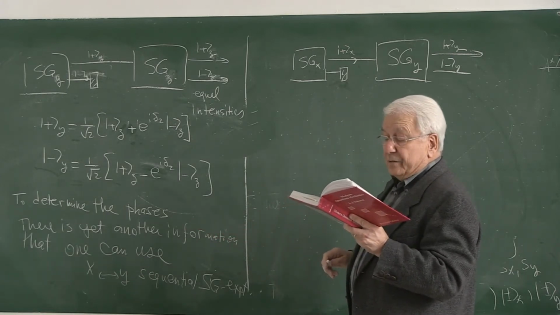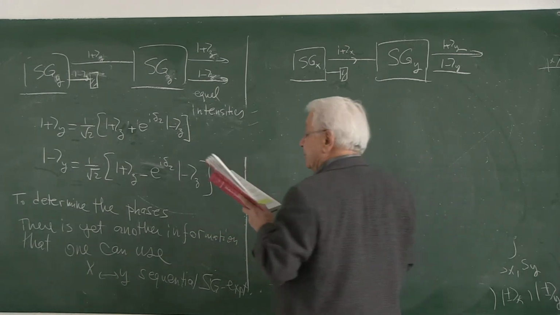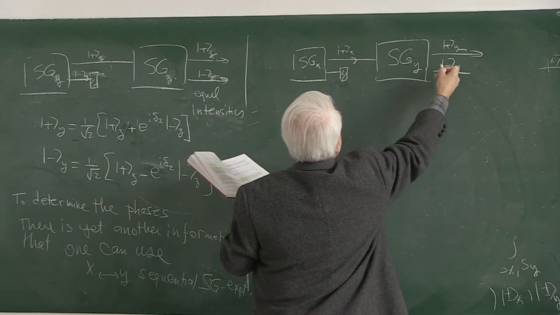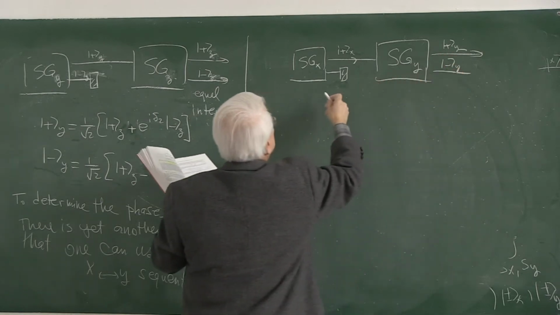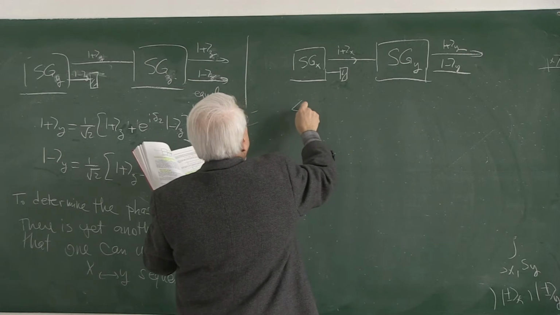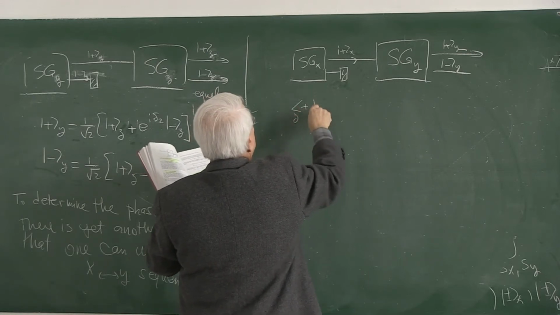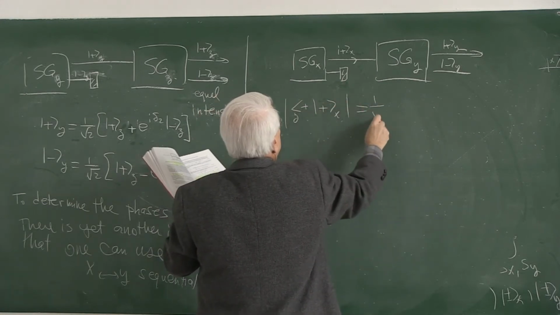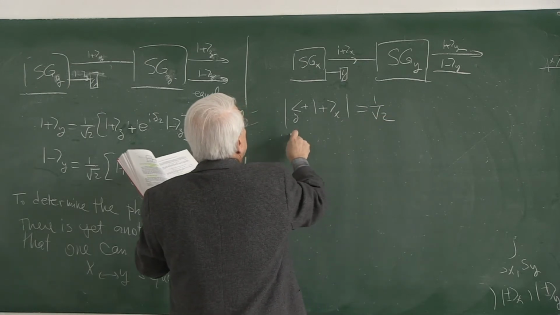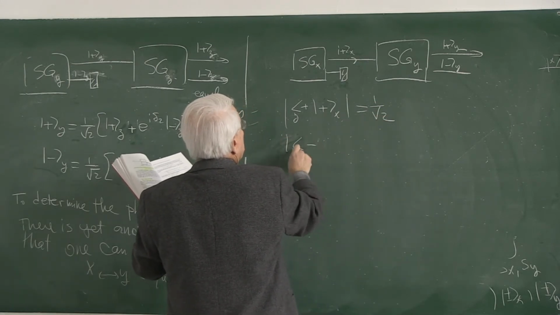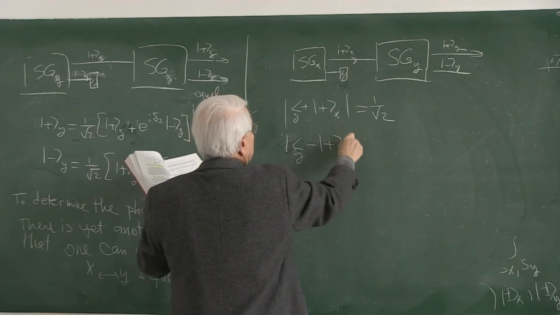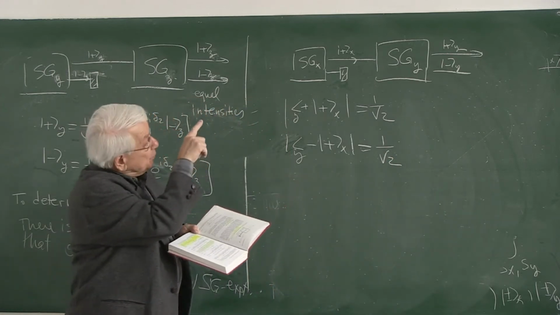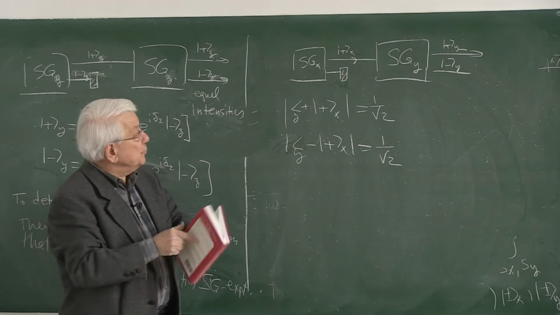So how do I read that? I read it in the following manner. The probability of getting this is 50%, and the probability of getting this is 50%. Therefore, plus y from plus x, the magnitude should be 1/√2. Similarly, minus y from plus x should be 1/√2. This is in relationship with that picture.